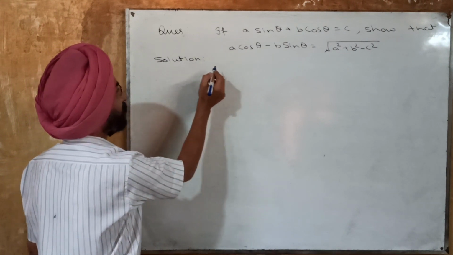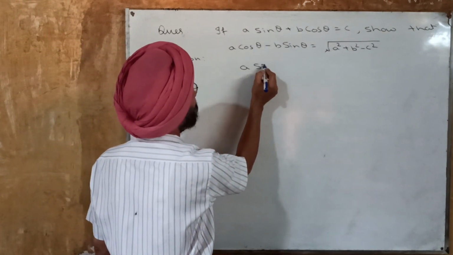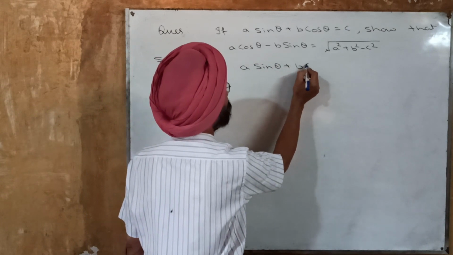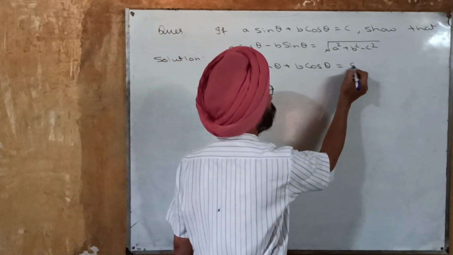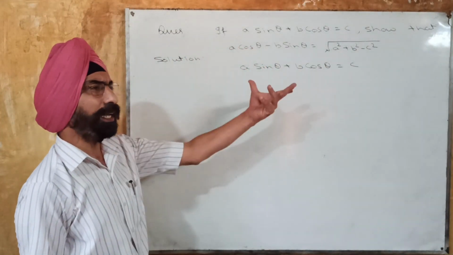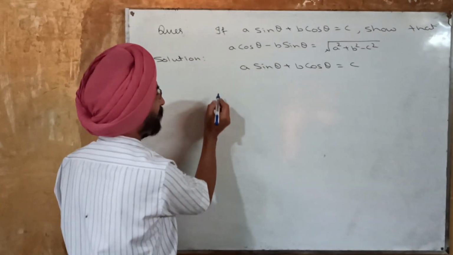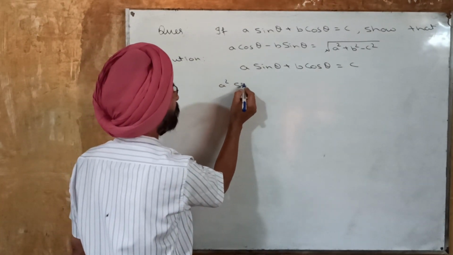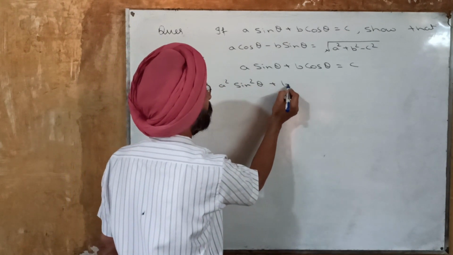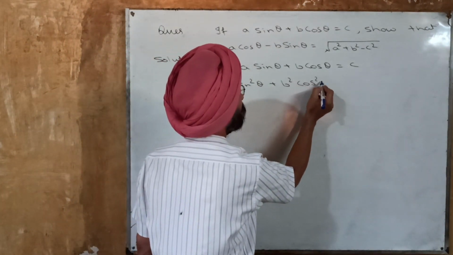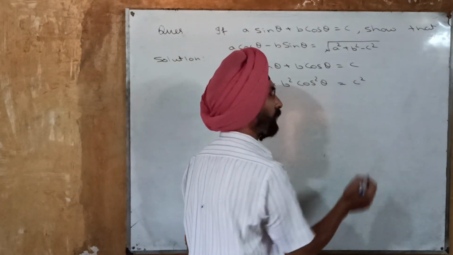What we are given is a sin theta plus b cos theta is equal to c. Squaring both sides, we will get a square sin square theta plus b square cos square theta is equal to c square.